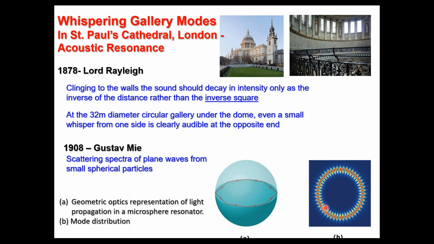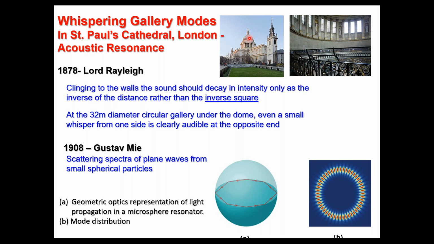So coming to this special type of modes, which are known as the whispering gallery modes. It has its origination from St. Paul's Cathedral, London, where you can observe the acoustic resonance. You can see a dome over here.